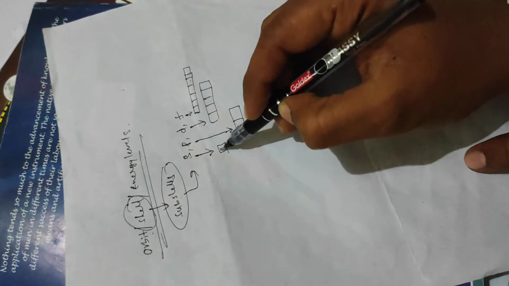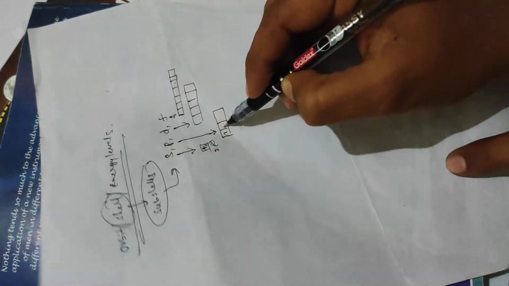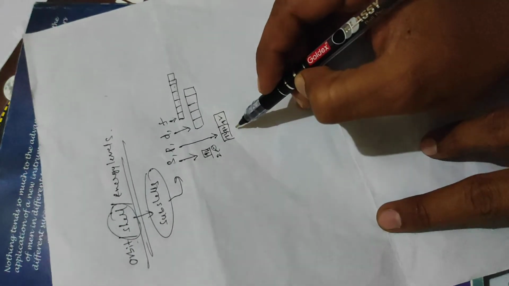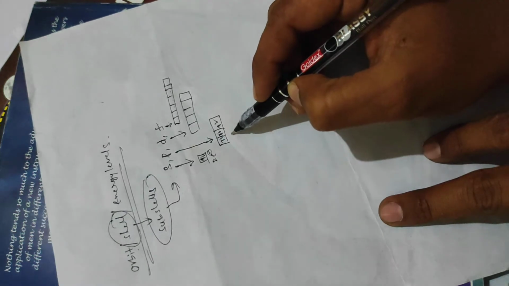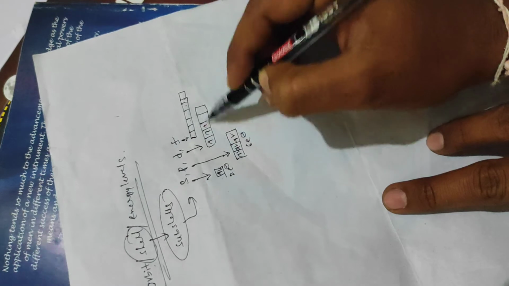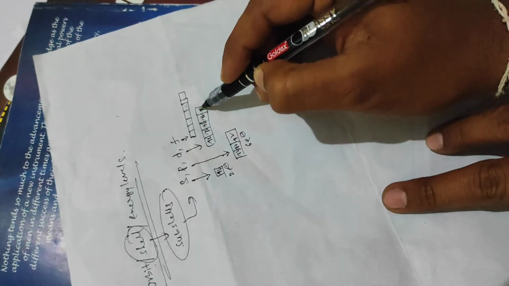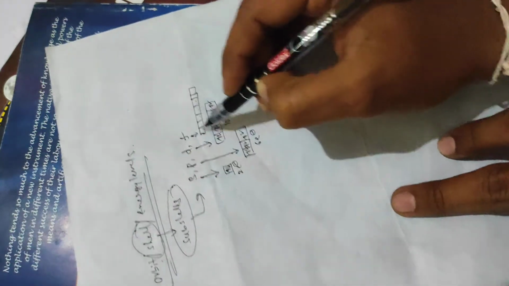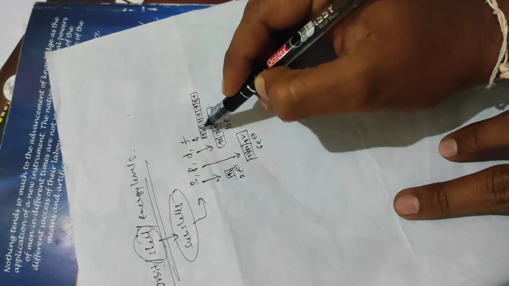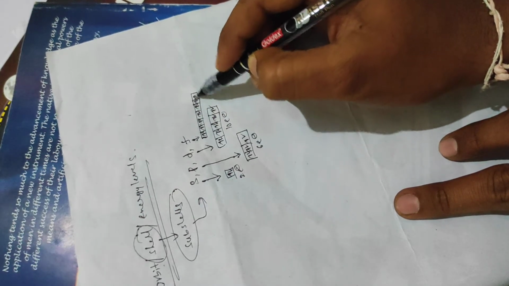So in s orbital how many electrons are there? It will accommodate 2 electrons only. The p subshell accommodates 6 electrons because the orbitals in the subshell are 3. The d subshell has 5 orbitals, so it accommodates 10 electrons, and the f subshell has 7 orbitals, so it accommodates 14 electrons.